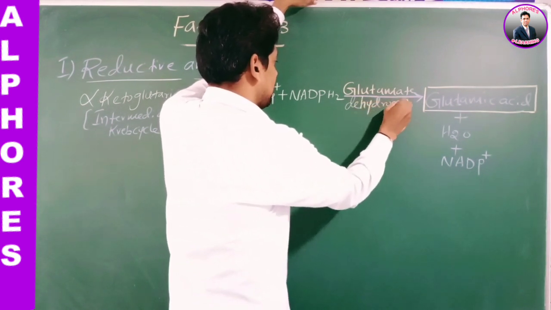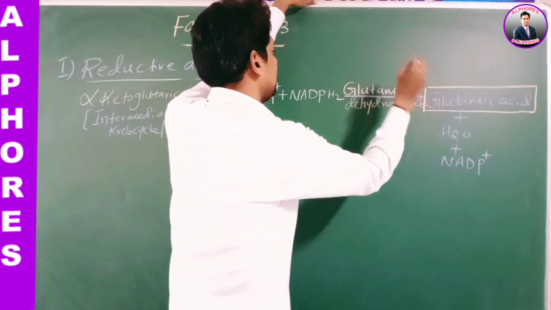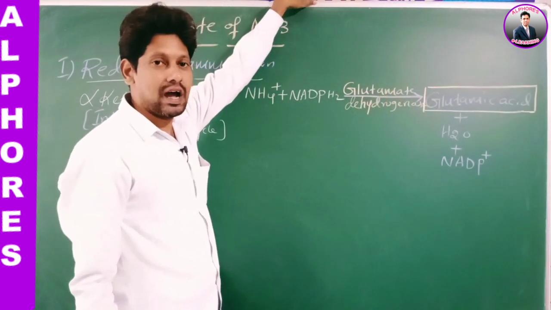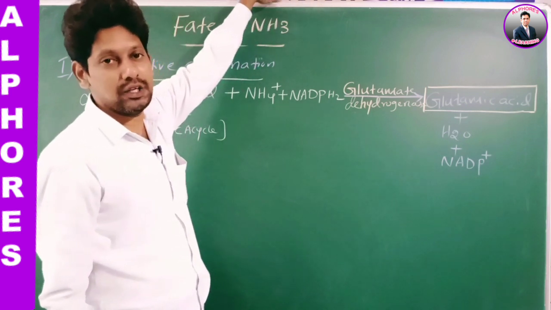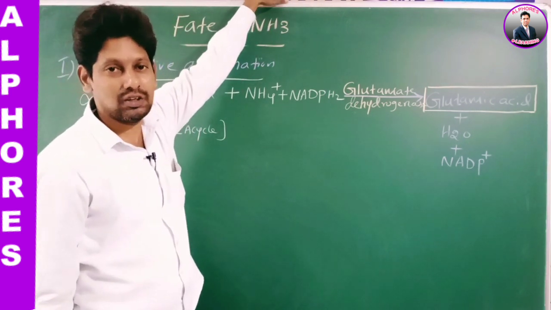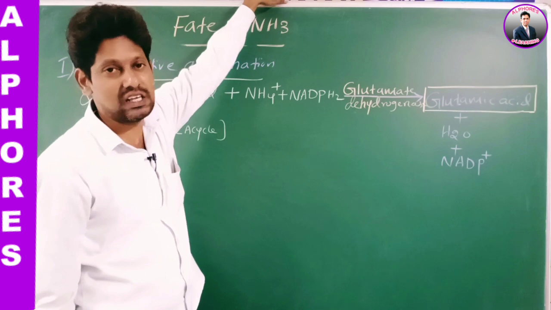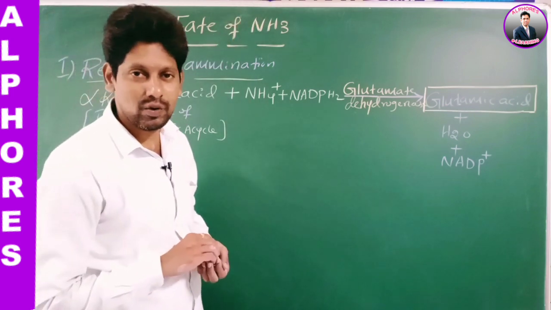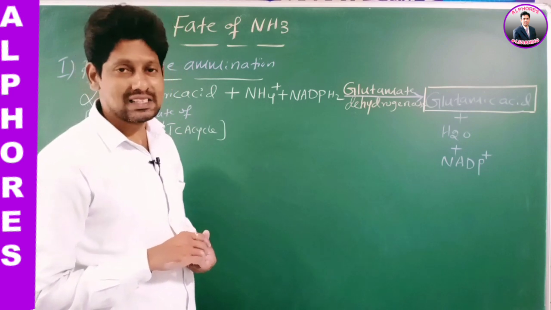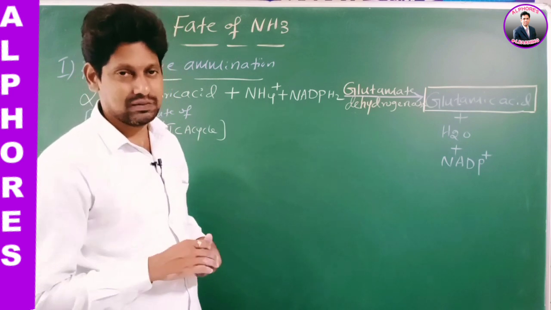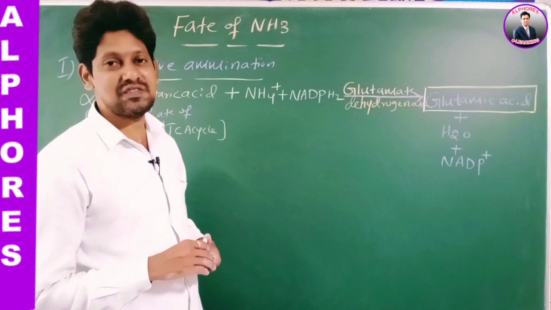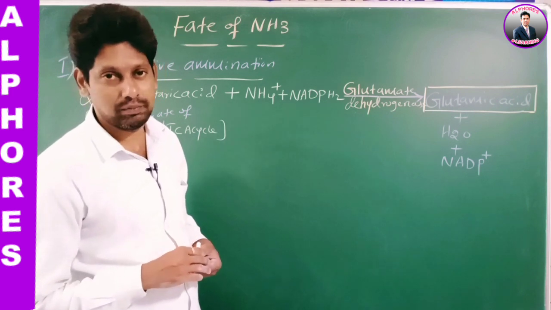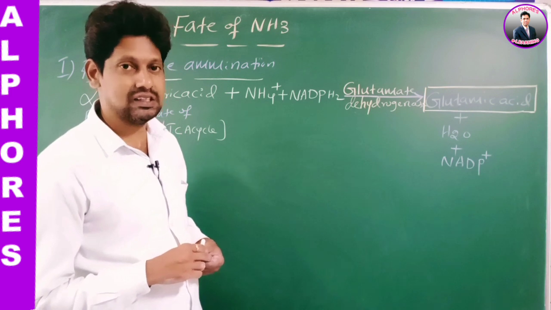Dehydrogenase. Glutamate dehydrogenase. According to the International Union of Biochemistry, IUB, enzymes are classified into 6 classes. This IUB classification of enzymes you will get in the coming chapter on enzymes, where we will discuss it in detail.